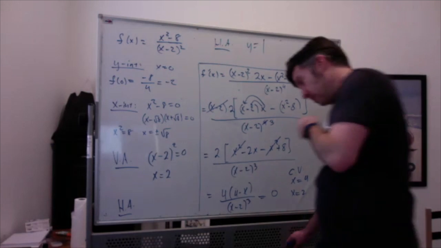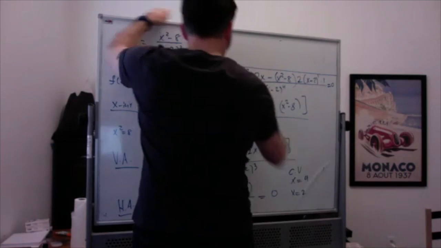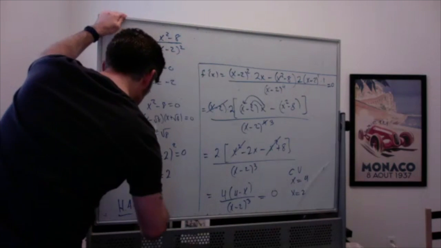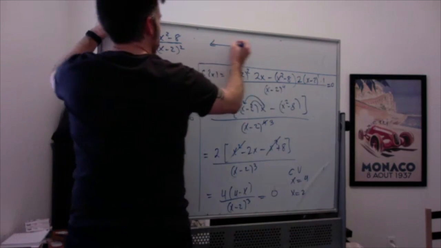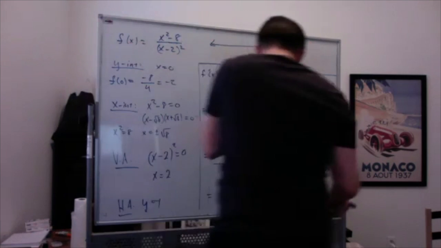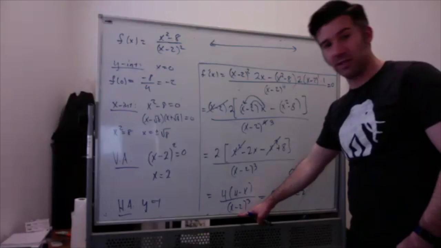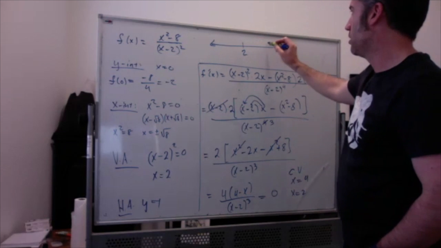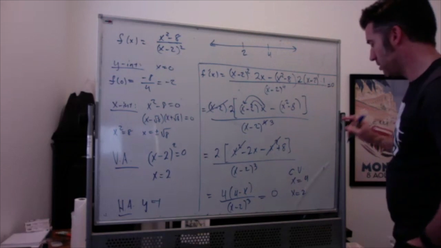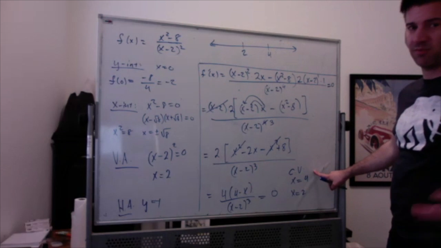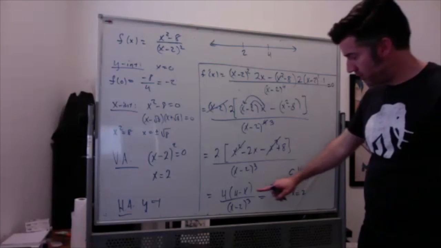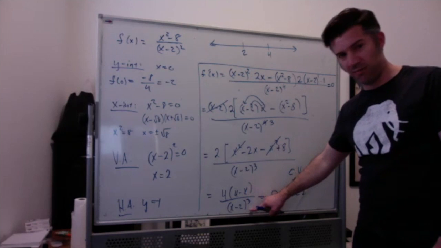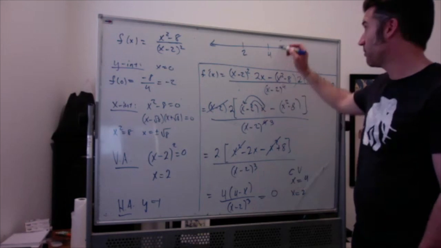So I'm going to draw my sign chart up here. I've got 2 because it makes the derivative undefined, and 4 because it makes the derivative 0. Okay, so pick a number larger than 4, like 5. Plug it in. Top is negative, bottom is positive, the whole thing is negative.